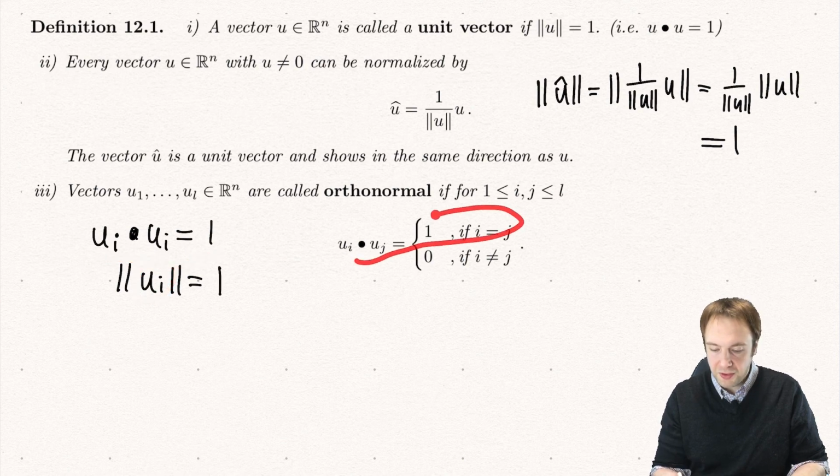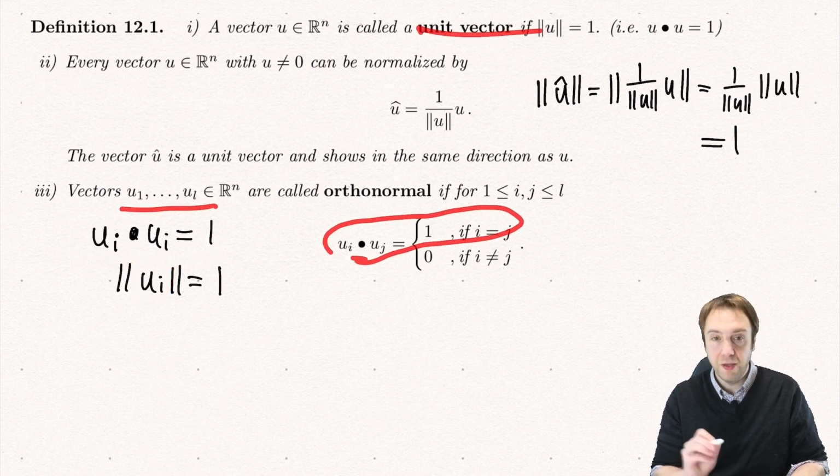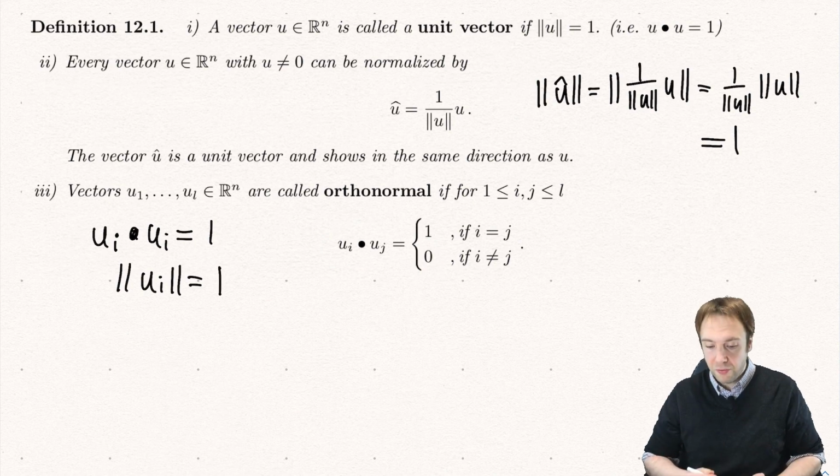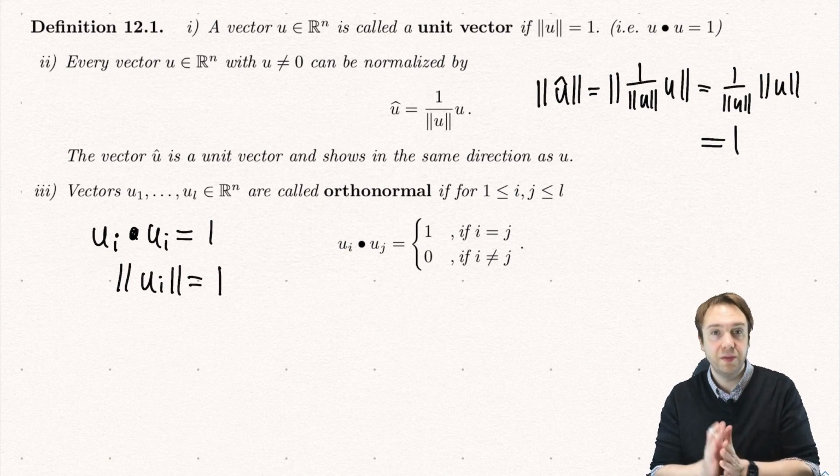So this condition here just means that all of them are unit vectors. And this condition here, if I take two different vectors out of these L vectors, then the dot product is 0. And this just means that they are orthogonal. Okay, so orthonormal means basically two things. One thing, they are pairwise orthogonal, and they all have norm 1.